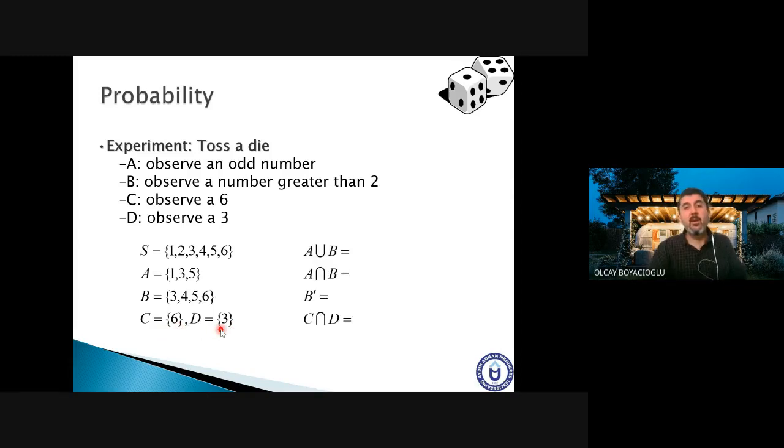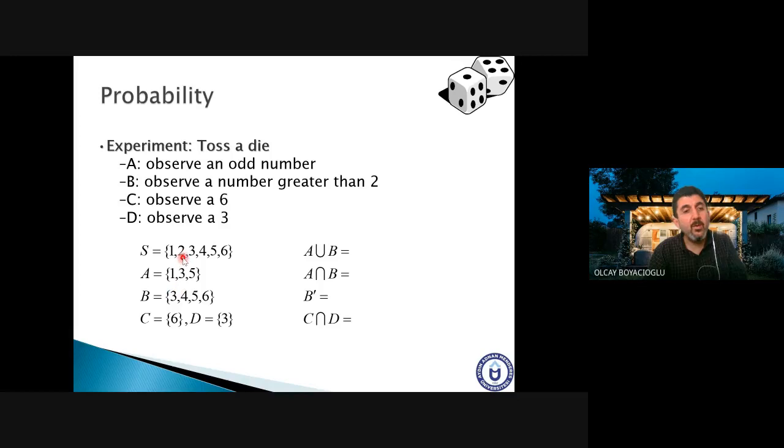Okay. All right. Now let's look at some questions. A union B. What is A union B? That means every single event that is listed in A or B or both. So A union B would be 1, 3, okay, 4, 5, and 6.